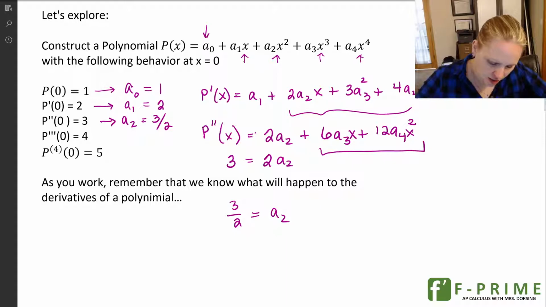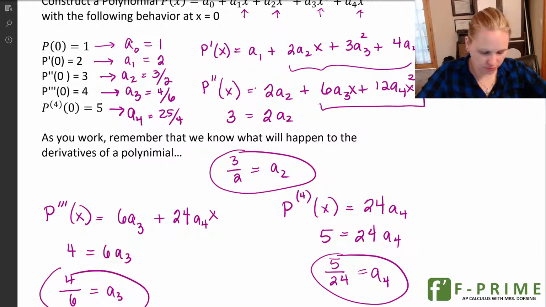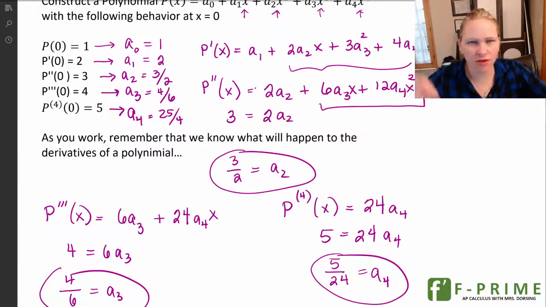Let's continue the pattern out. I'm going to take the third and the fourth derivatives here, and we're going to see what happens. So here we are with the third derivative and the fourth derivative. And notice once we get past about the third derivative, we start using that little notation with the 4 in the parentheses. It just gets a little crazy with all those little apostrophes up there.